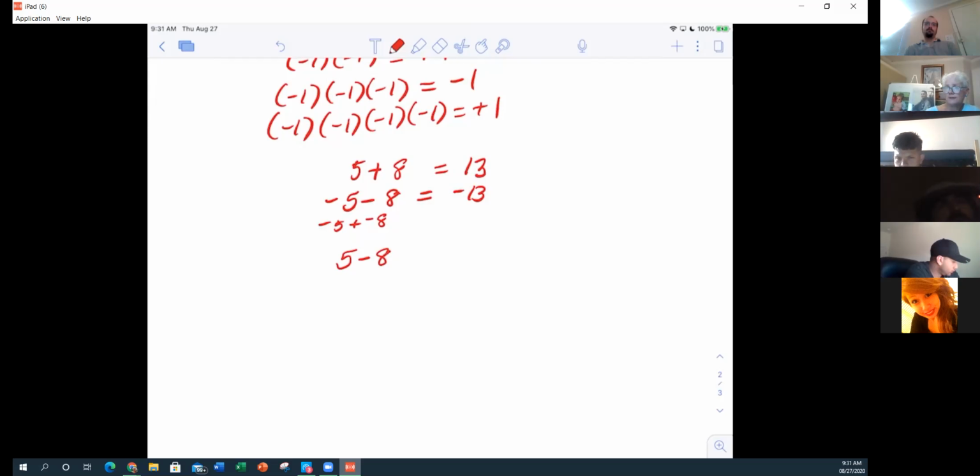You take 8 minus 5, which is 3, and whichever numeral is bigger, that's the sign it keeps. So if you had -5 plus 8, you subtract 5 from 8 to get 3, and the bigger numeral, in this case, is positive, so it would stay +3.